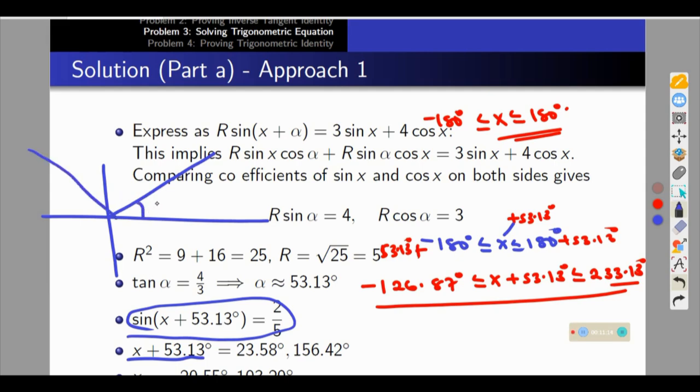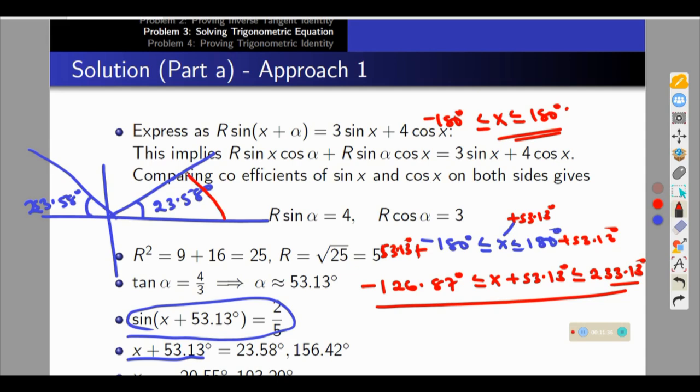So in the first quadrant, allocate your 23.58 degrees. Here allocate 23.58 degrees. So if that is the case, then we can obtain the required angles in this range.